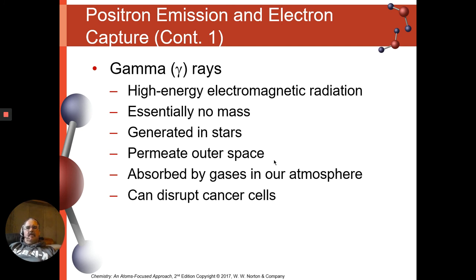They can permeate outer space. We can detect gamma rays in our observatories. They are absorbed by gases in our atmosphere. And because they're very high energy, they can disrupt both cancer and normal cells.